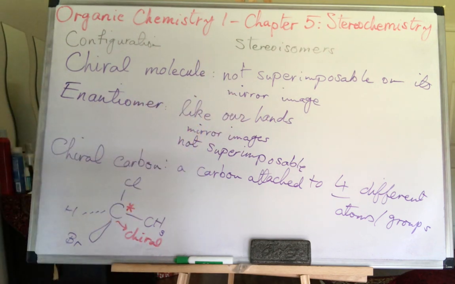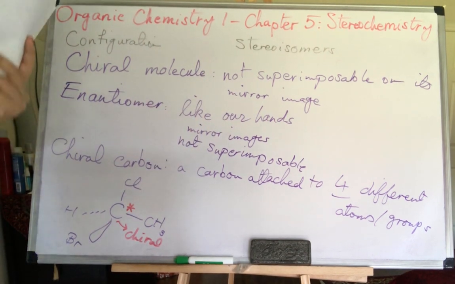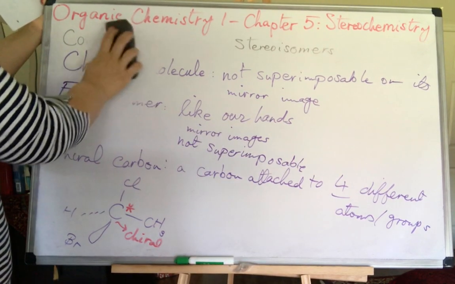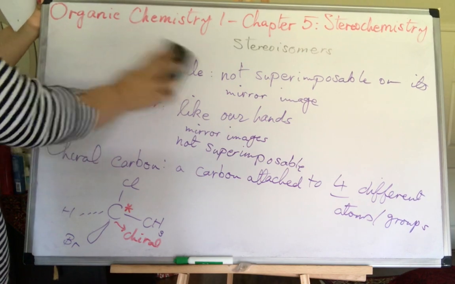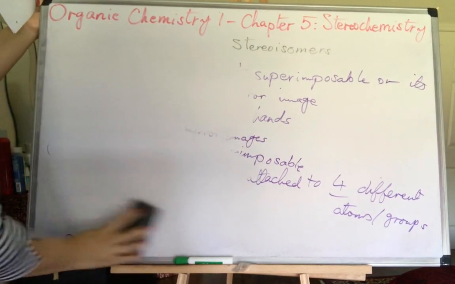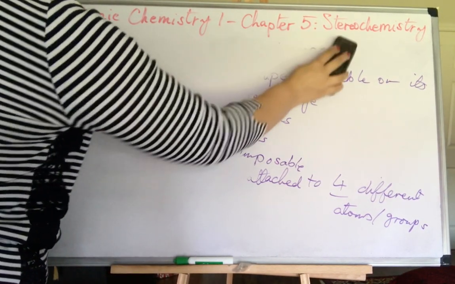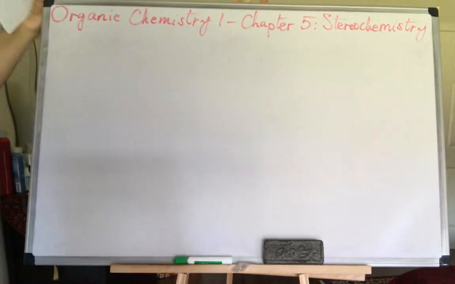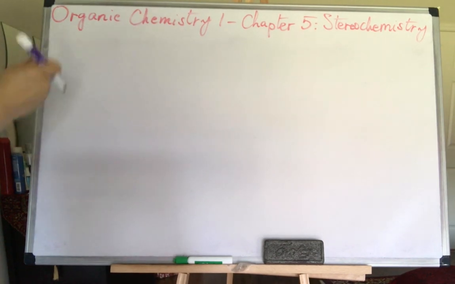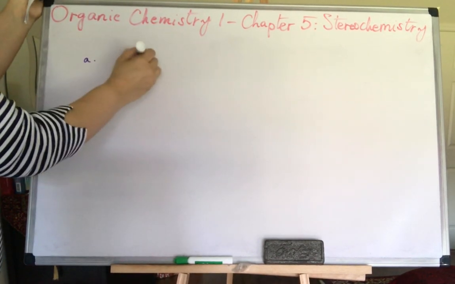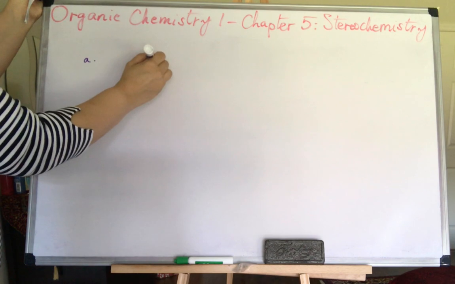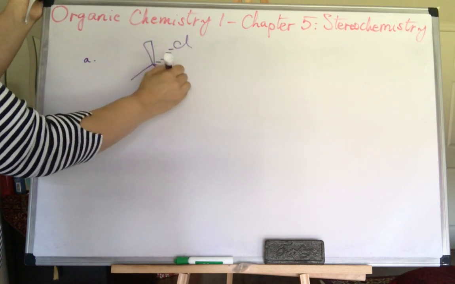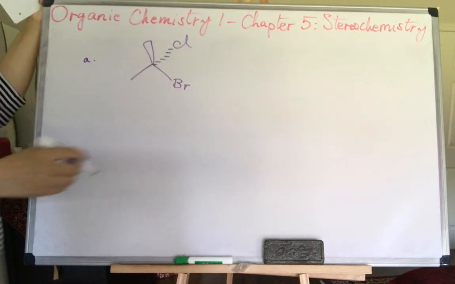Okay, now let's draw the mirror images of each compound on page 1 of this study guide. I will work on one of them. Let's say we're working on A. A mirror image.